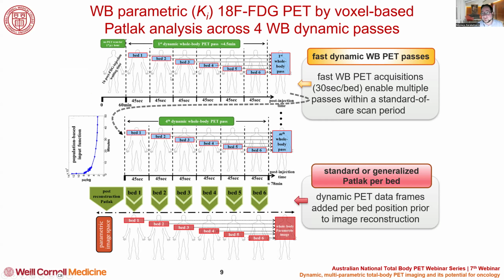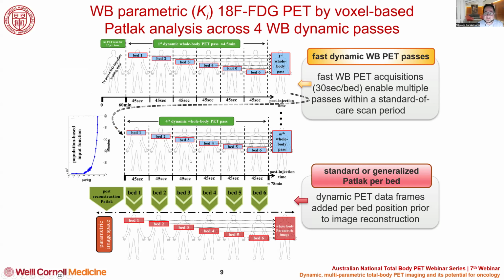And the beauty of PATLAG analysis is that in order to estimate our tracer net influx rate and our blood volume distribution, we only need the integral of the input function. So we only need the input function, and a model of that can be obtained from population studies, as I'm going to show you in the next slide.